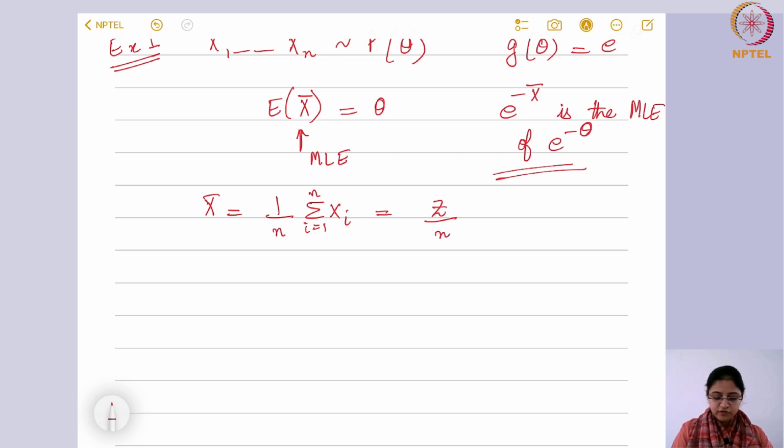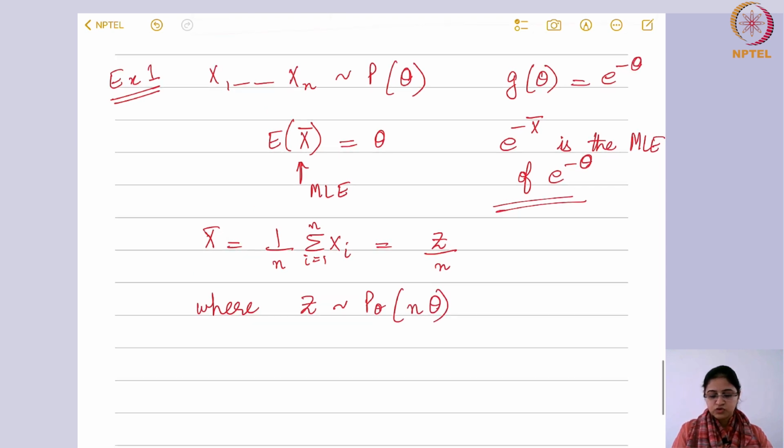right? Where if you just look at z, z is summation xi, z is following Poisson distribution again, but the parameter would be n theta. Why? Because if xi's are following Poisson distribution and they are independent, then if you add them up, it would be Poisson because there are n such terms. So it would be n theta.